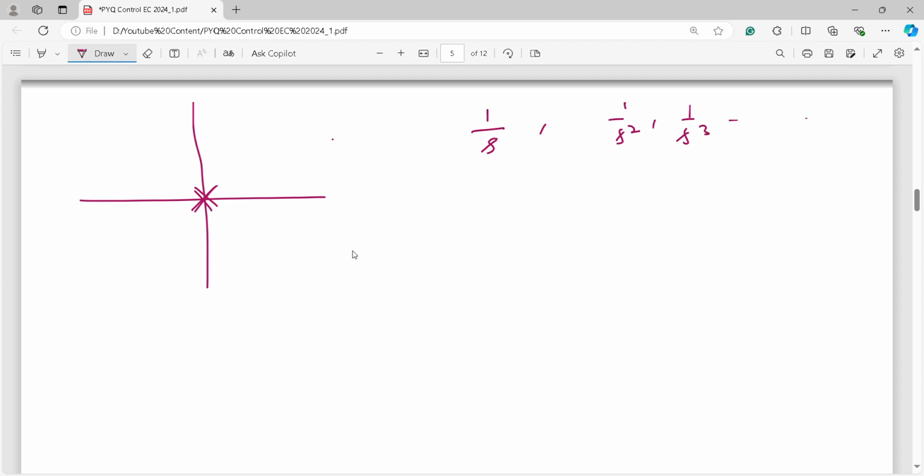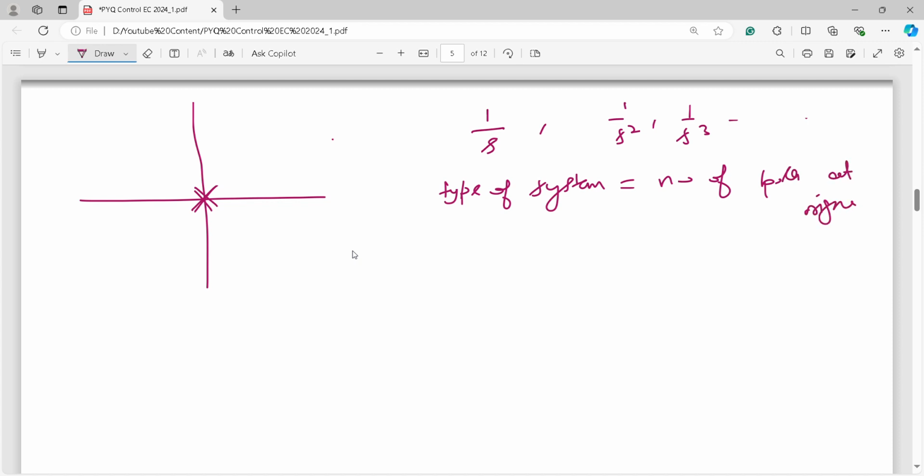So here let's apply it. You can see the system type of the system is equal to the number of poles at the origin.